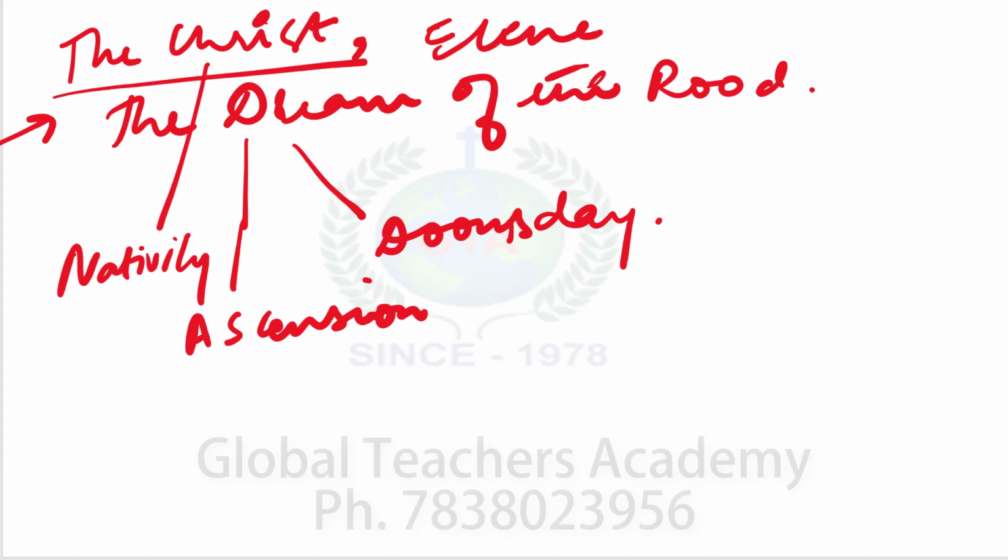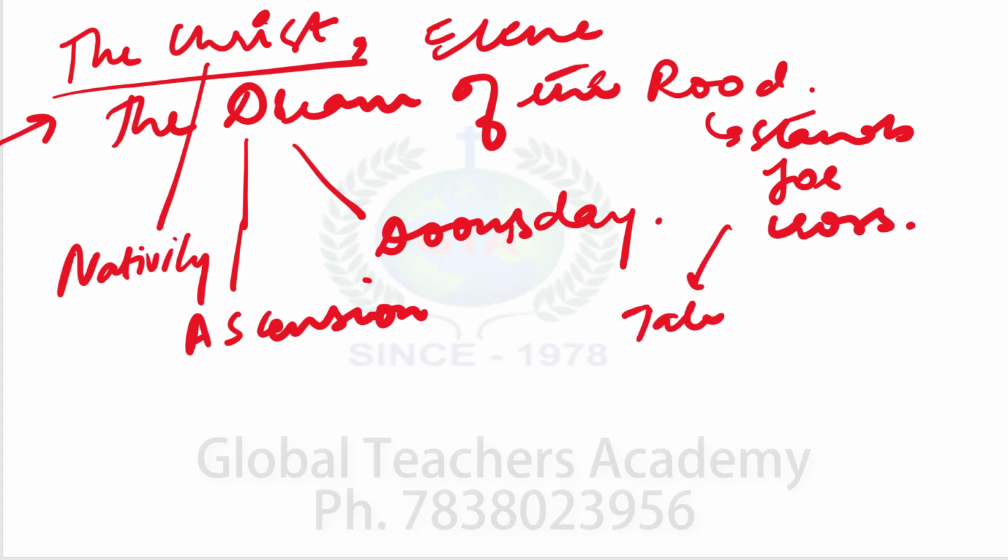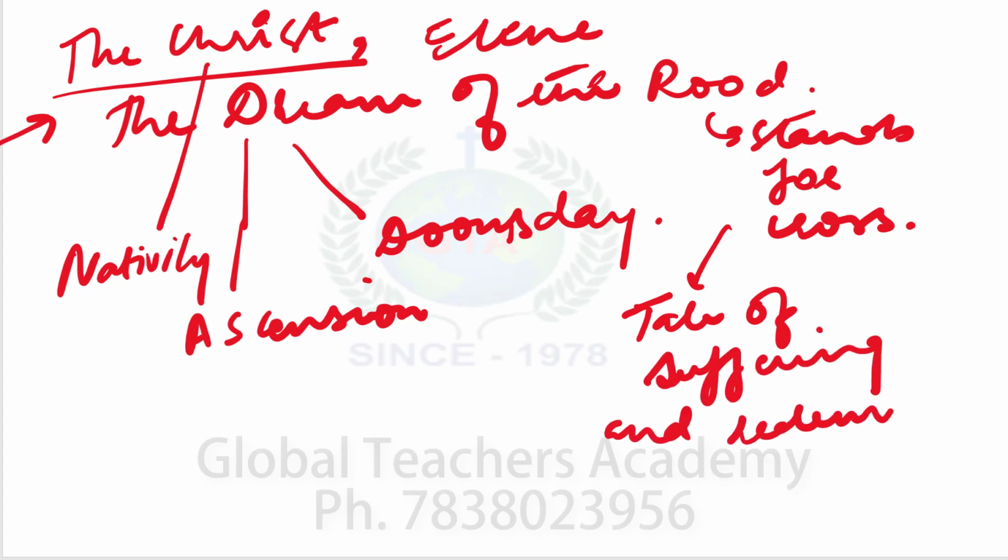Now the Dream of the Rood is also a text that's attributed to him, and the Rood stands for a cross. So it's also a tale of suffering and redemption, right? So these are some of his important texts and some of the important themes in these texts, right?